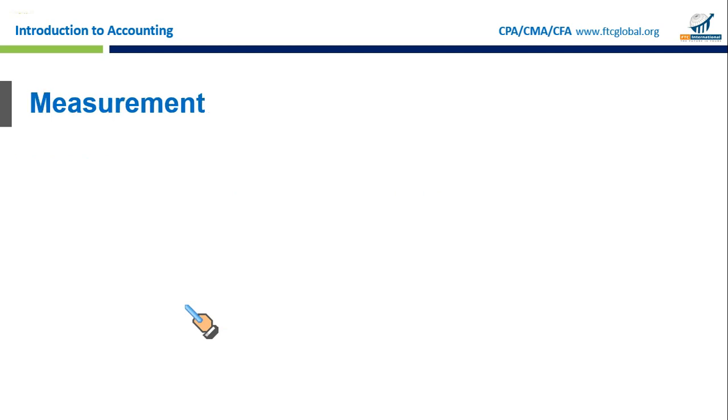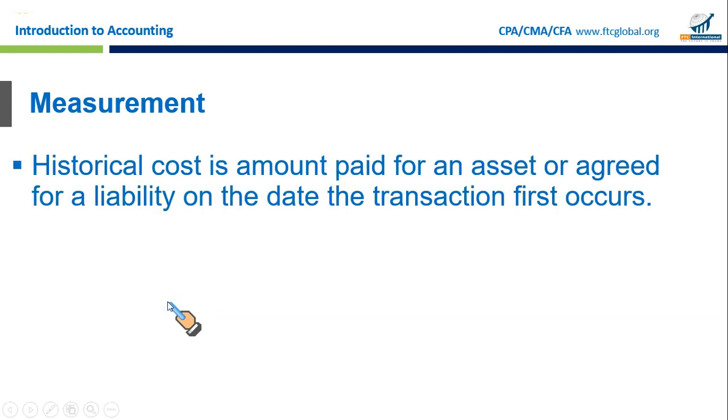So next, how do we measure assets and liabilities? First we have historical cost. Historical cost is basically the amount originally paid to acquire an asset, or the amount agreed upon when you acquired an asset, when the transaction first occurred.